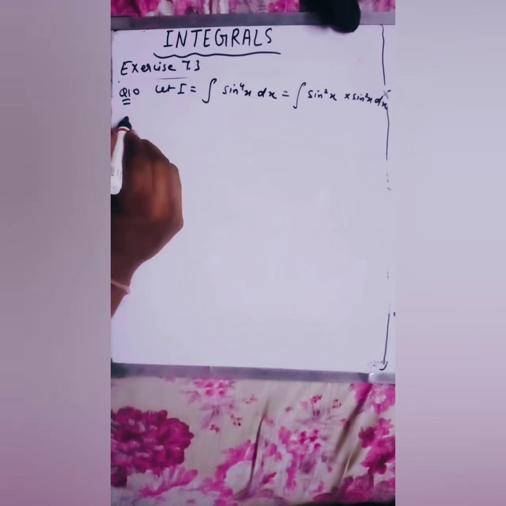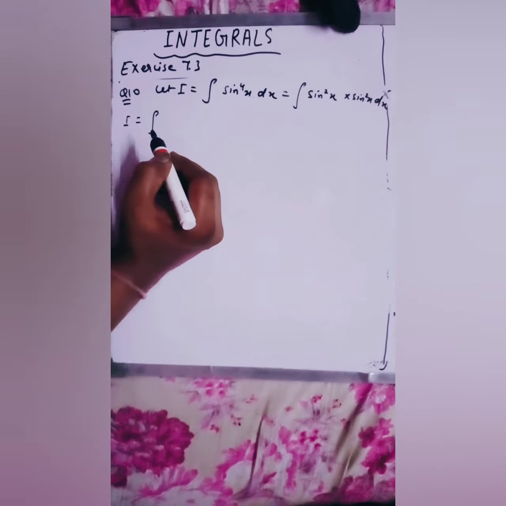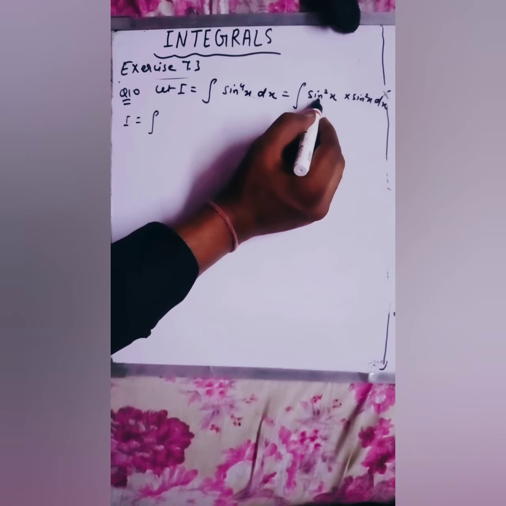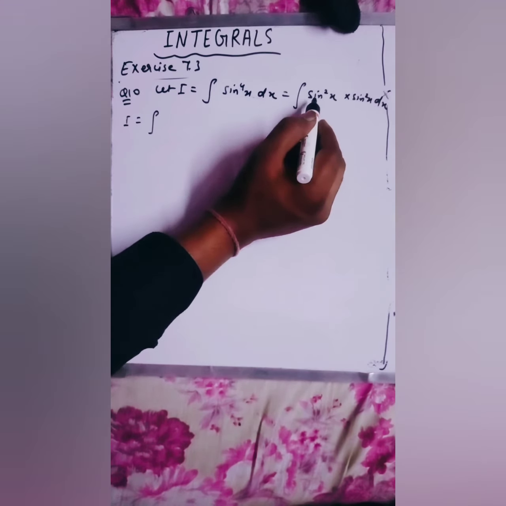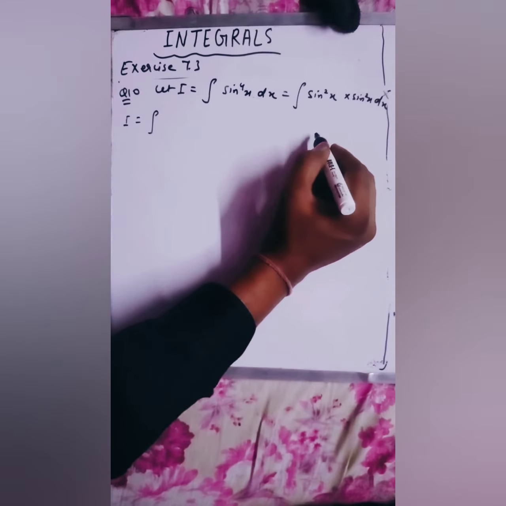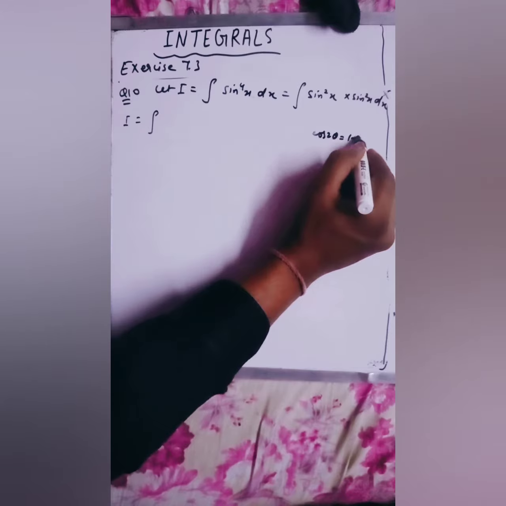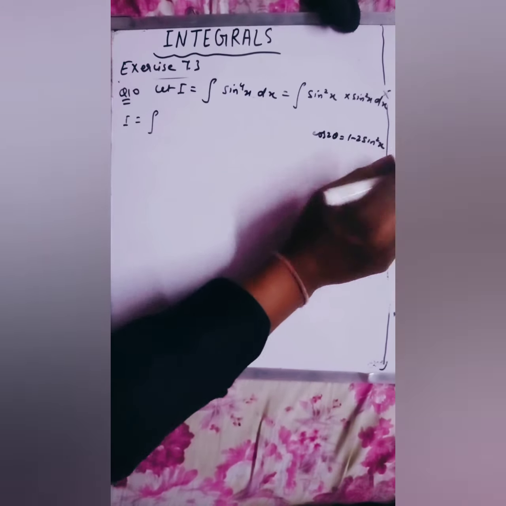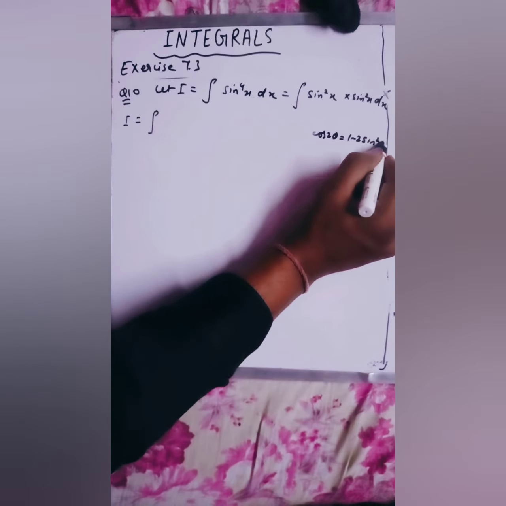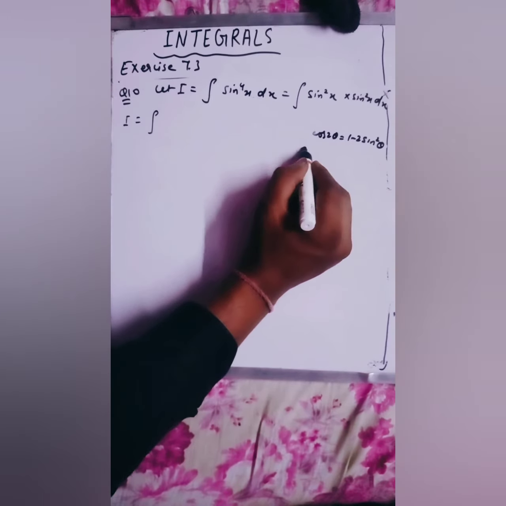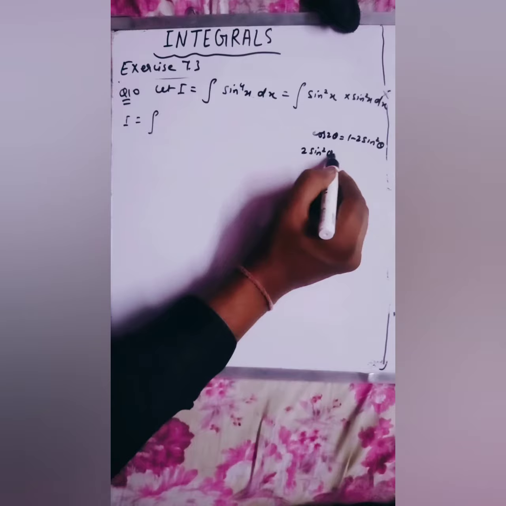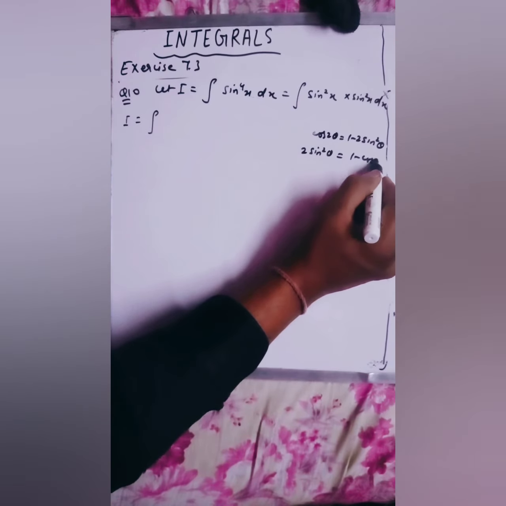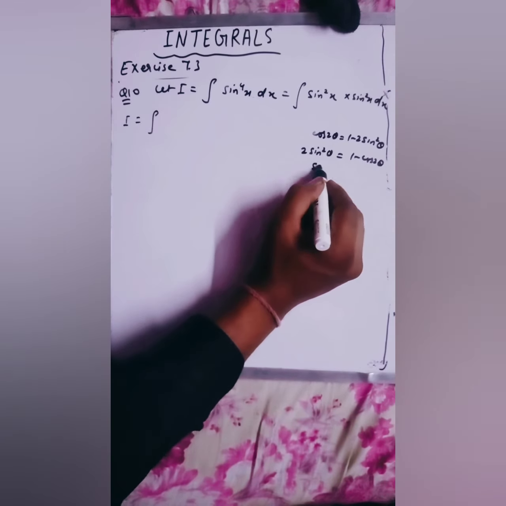So your I is equal to the integral, and in place of this sine square x I can use the formula. The formula is cos 2 theta is equal to 1 minus 2 sine square theta. So you have to bring this sine square theta here, and here you will get 1 minus cos 2 theta.